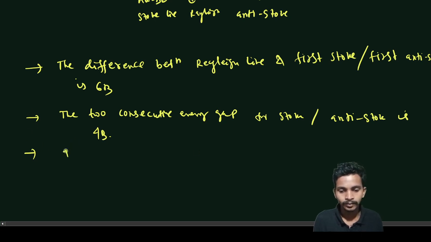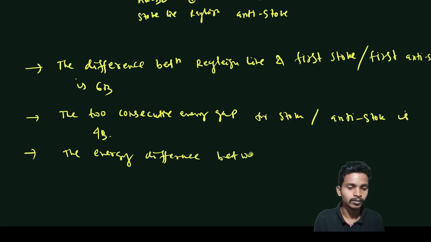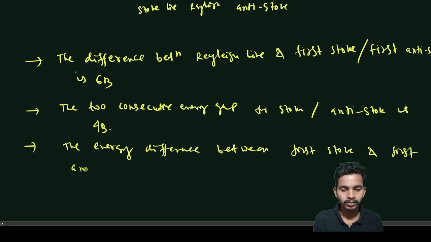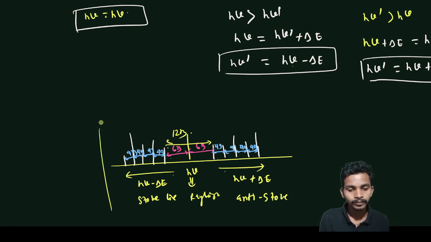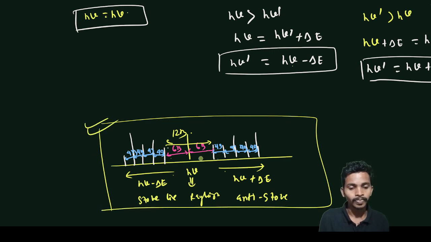So the energy difference between the first Stokes and first anti-Stokes line is 12b. So like this, if you draw the picture, whatever questions are asked, definitely we will give the answers. So we know that this is the picture of the spectrum, where the gap between the Rayleigh line and the first anti-Stokes or first Stokes will be 6b.